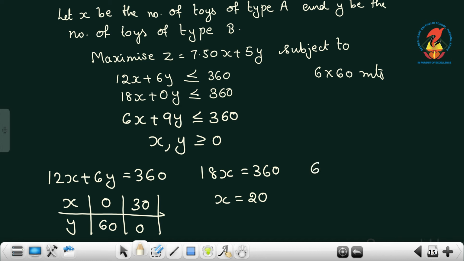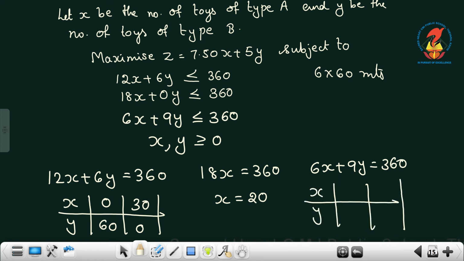Now the third one, 6x plus 9y is 360. x, y: when x is 0, 9y is 360, which means y is 40, and when y is 0, x is 60.